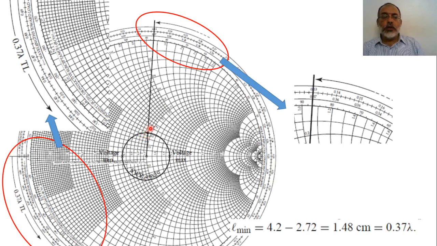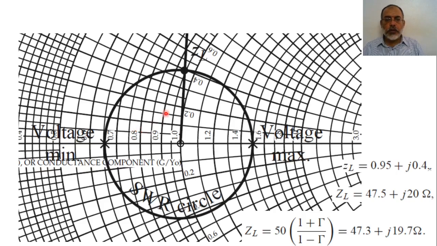Now, I could determine the value of Z load. How could I determine the value of Z load? From the standing wave ratio and the value of L minimum. So, in this case, we are going to read the value of R and the value of X. So, I'm going to magnify this point.